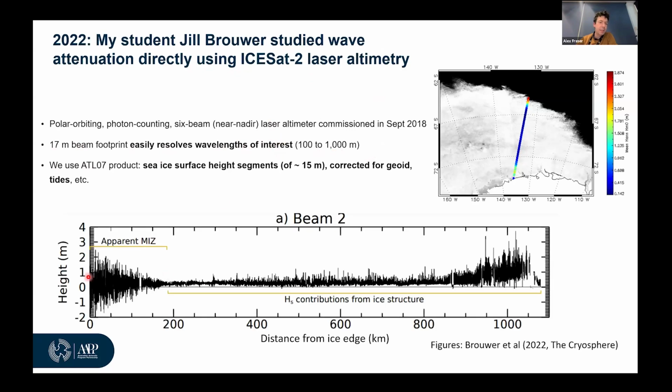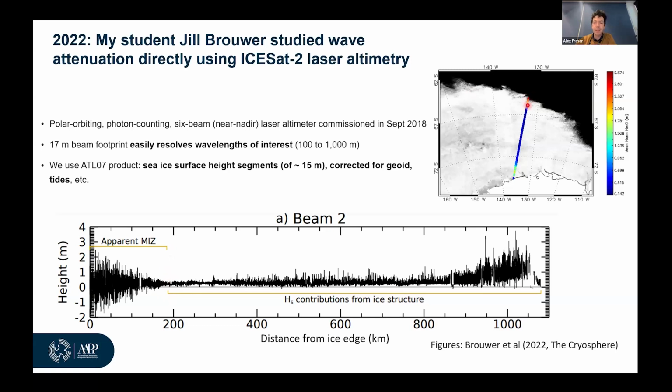By doing so, she studied about 400 of these cloud-free tracks where at the ice edge, there are positive and negative heights corresponding to waves traveling under that ice. This gets attenuated progressively into the pack ice, and in this particular example, we can see going about 180 kilometers from the edge.